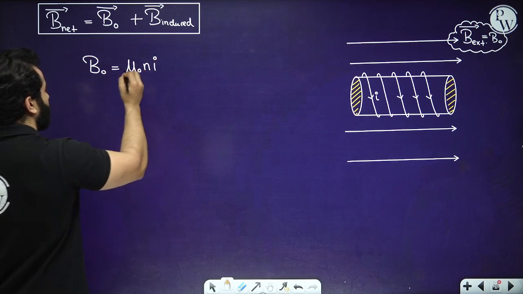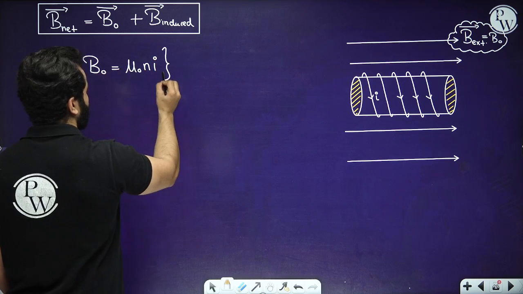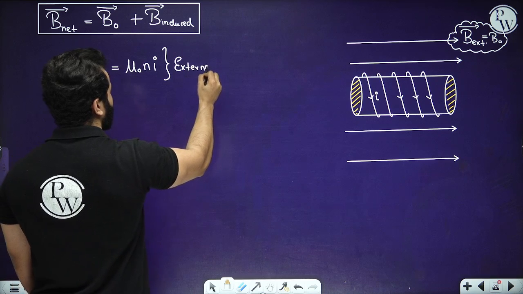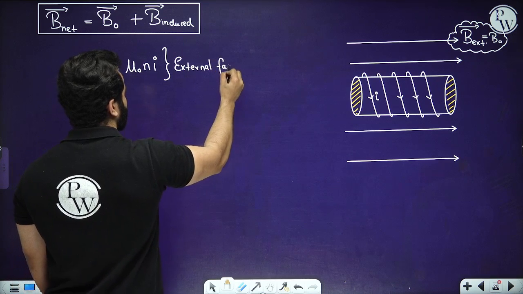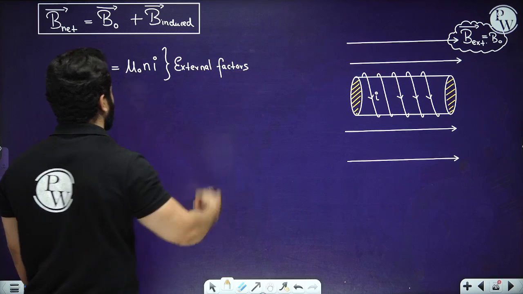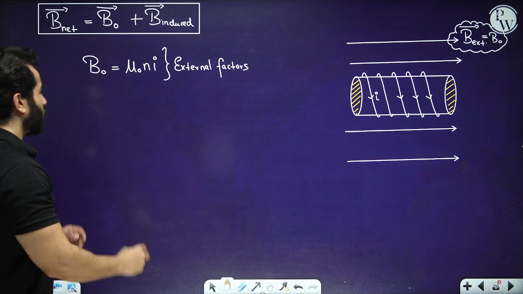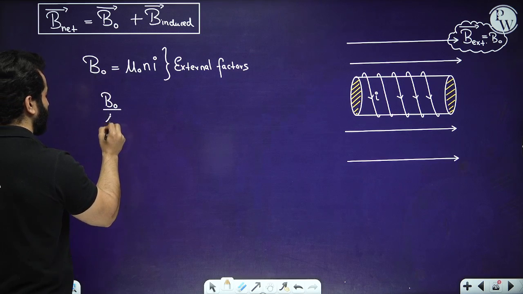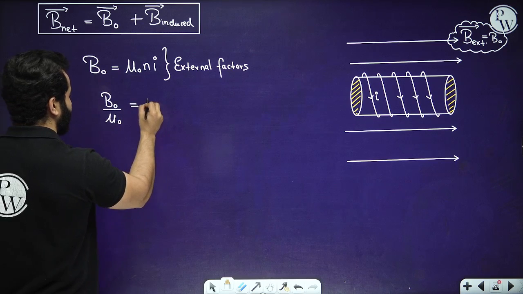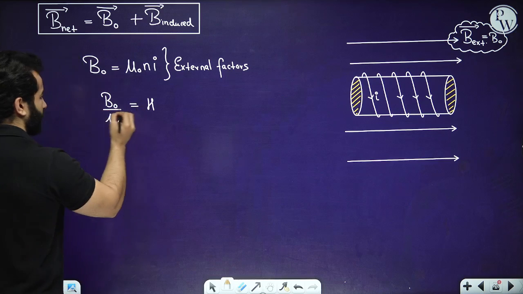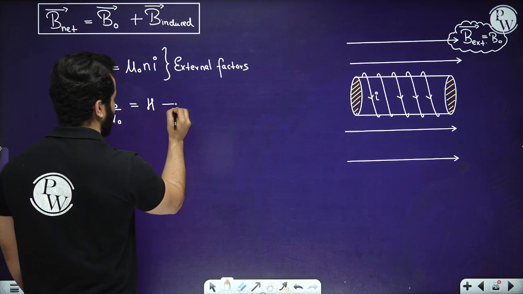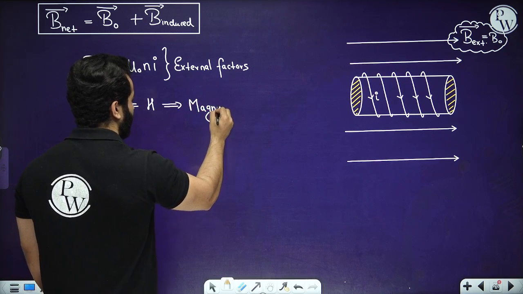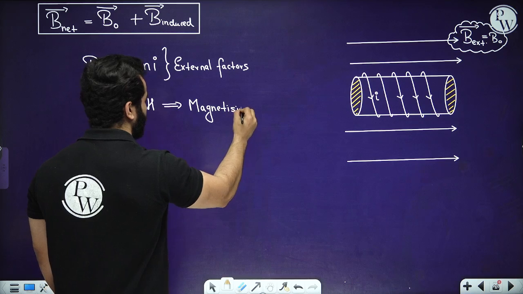That is because of current. Now think about it. We can also define a term which will be written as B naught upon mu naught, which will be called as H. This H is actually nothing but magnetizing field.